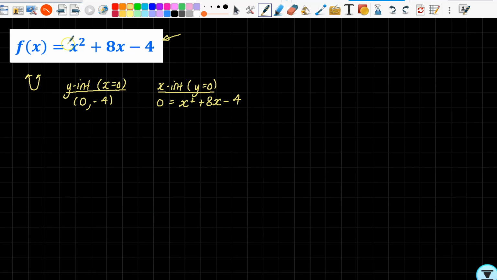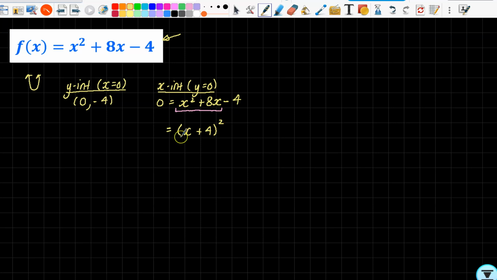Because there is no coefficient in front of the x squared, it's just 1, it's probably easier to complete the square. If you remember, when completing the square we focus on this, and we know that has to be divided by 2, which gives me the plus 4 there.